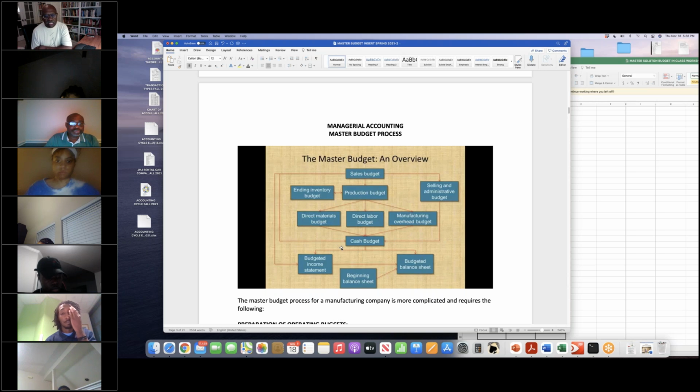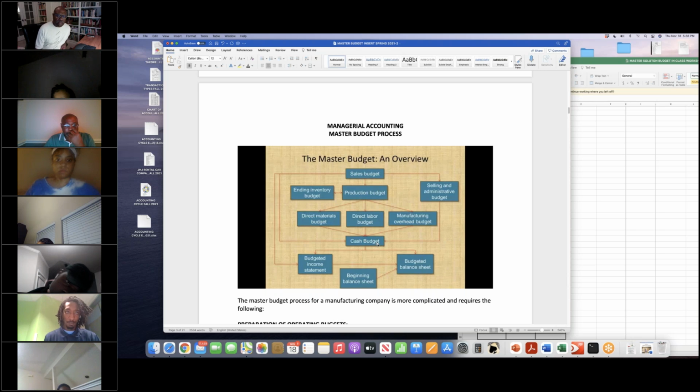The key thing is that these have to tie together. If you go to a bank and you don't have financials that tie together, then you're not going to give a loan. They can't make a loan if your financials don't tie together.